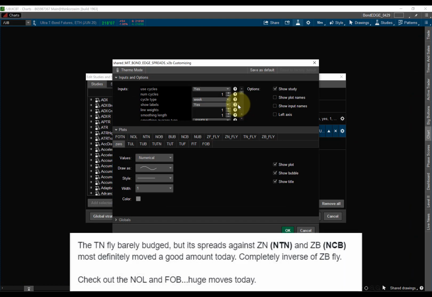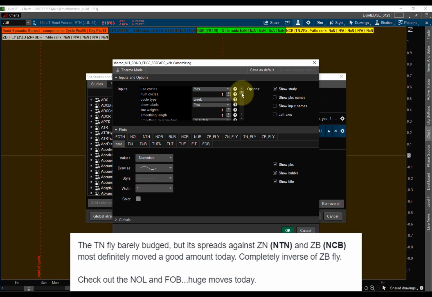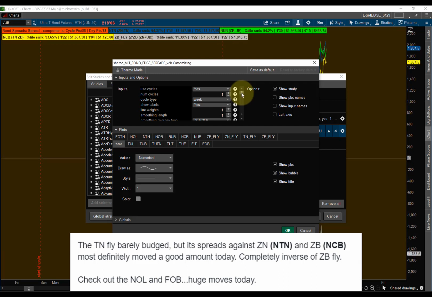Now let's look at the next part. The TN fly. The TN is going to be a 10-year and the ZB is going to be an 18-year. Even though the ZB is a 30-year future, it's still an 18-year bond. So between the TN and the ZB, there's 8 years. So the TN fly barely moved.